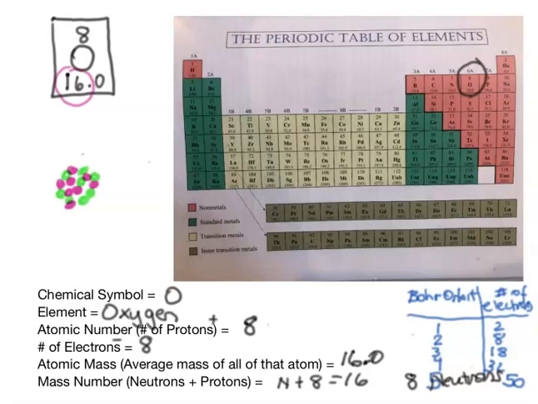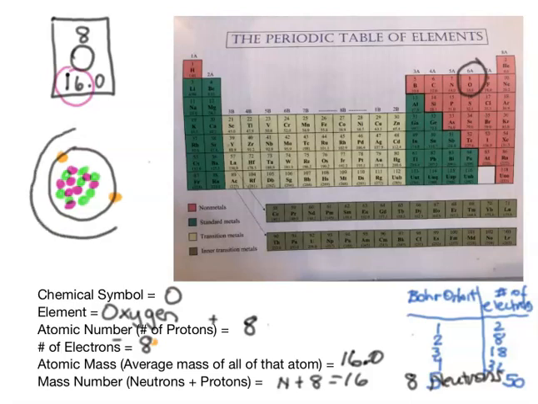So back to our atom of oxygen, I'm going to draw orbit number 1 around the nucleus there. And 2 of these 8 electrons are going to go in that first orbit. So there's going to be 1, 2. Now remember, we have 8 total, so we have to find a place for 6 more.